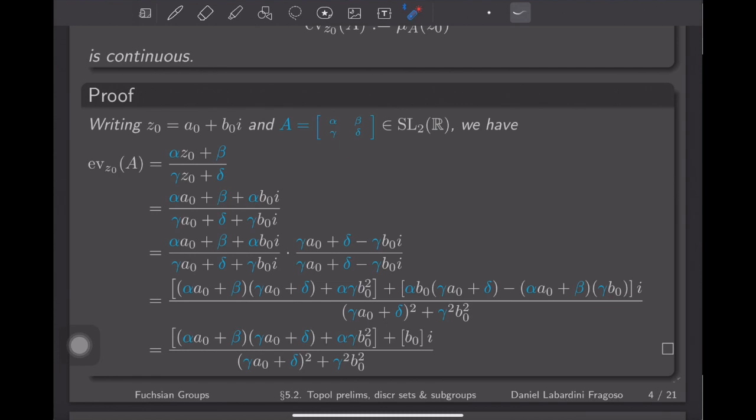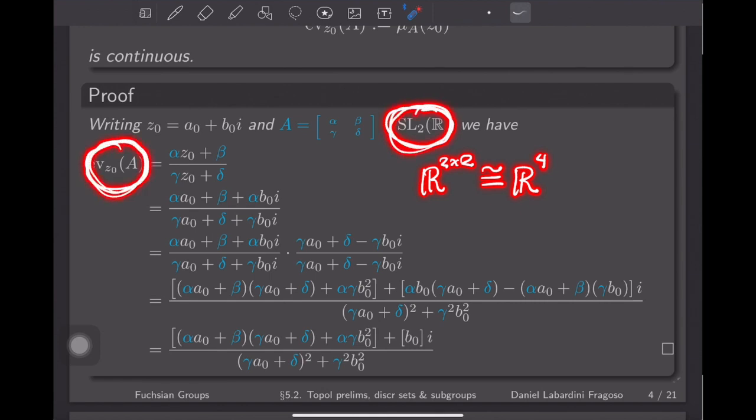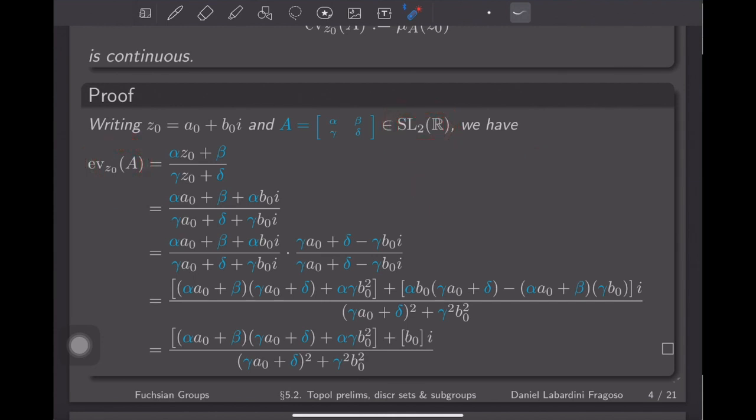And then on this subset of R^(2x2), which one can think of as just R to the fourth, the assignment rule of this function is, you see, the real part is this rational expression in these real variables, right?